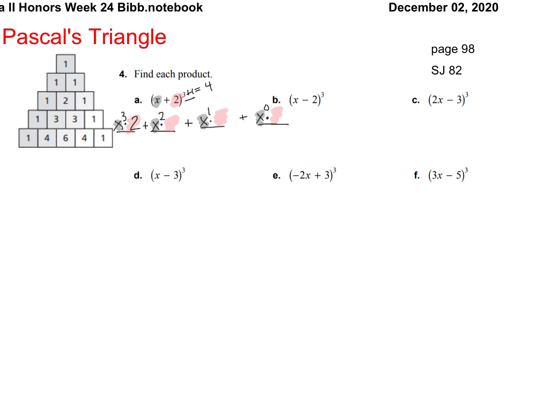So 2 goes in every spot. And you start on the right, since the red highlighted number is on the right, you start on the right and put third power, second power, first power, 0 power.